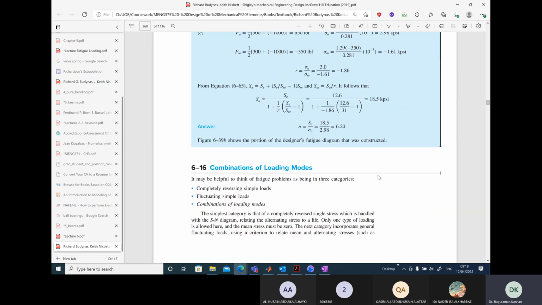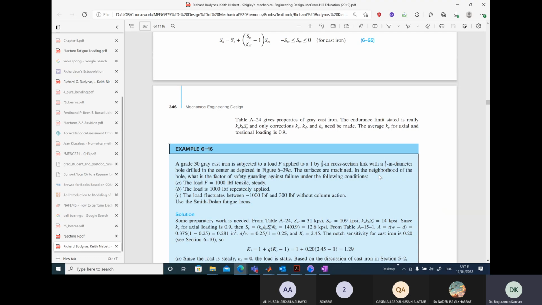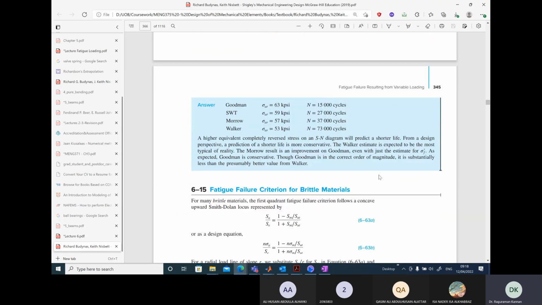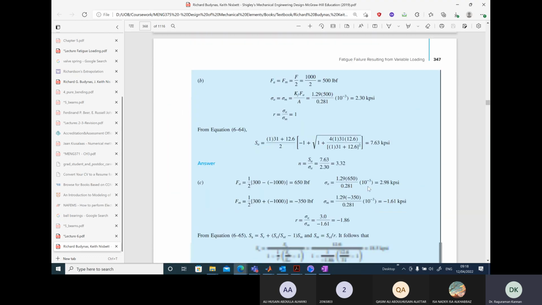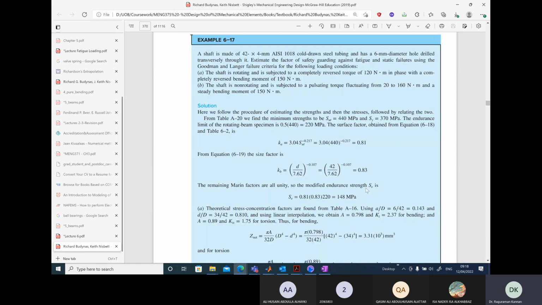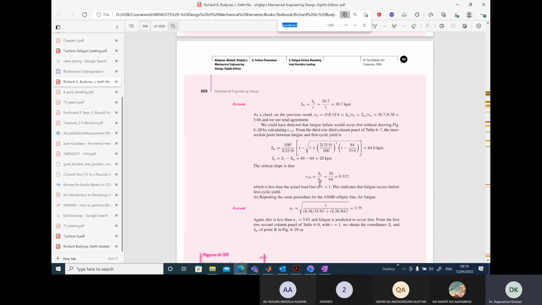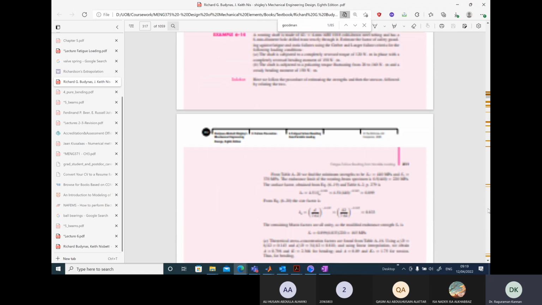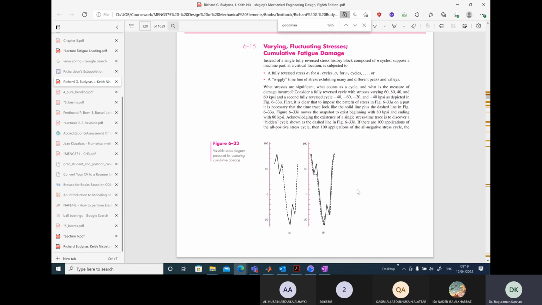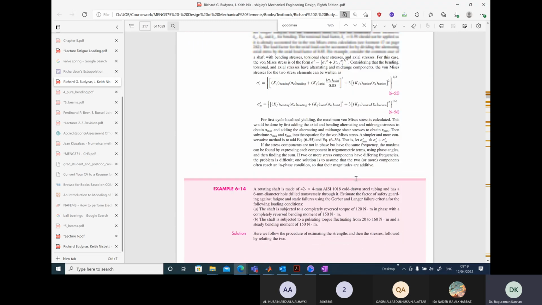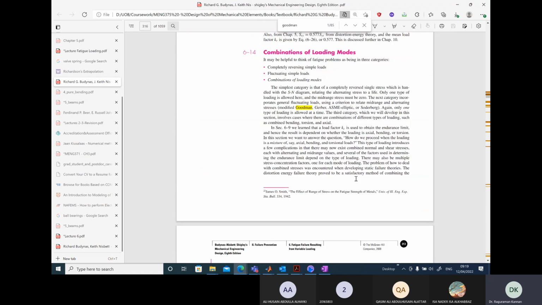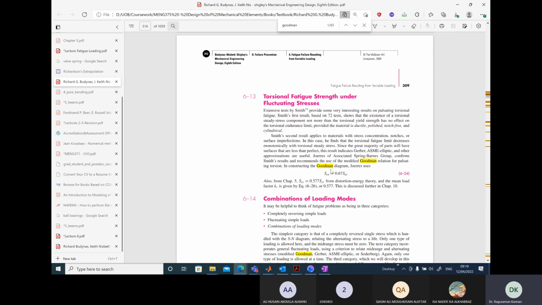Yeah, the combination of the loads for brittle materials, apparently not in the new version of the book. Maybe we need to check it in the old version. This is the combination. Okay, so we have more relationships here.